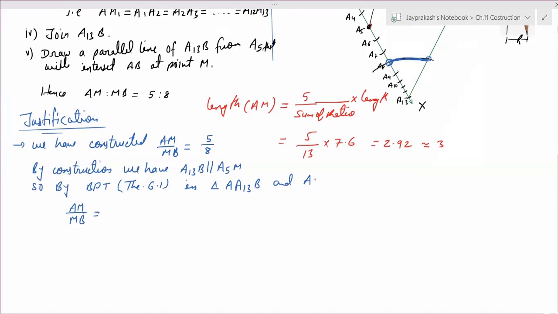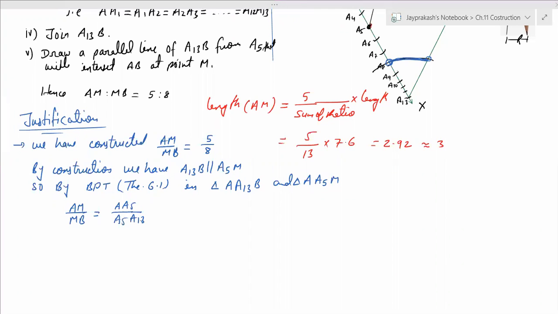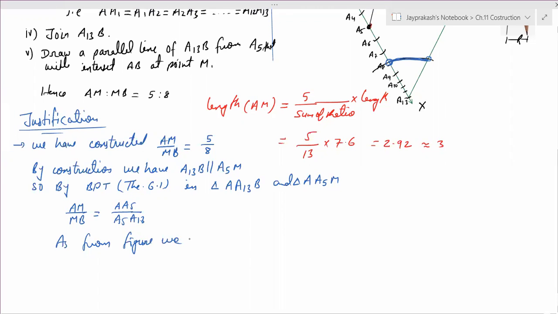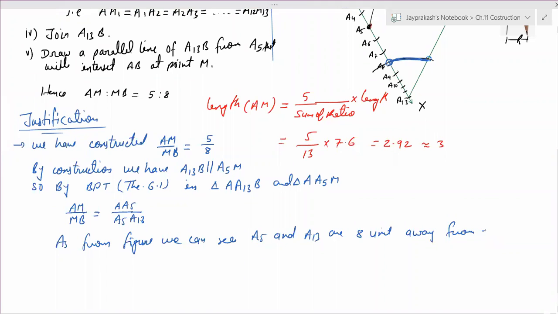okay, then the another triangle A5M. So A5 by A5 to A13, or you can also write here as from the figure we can observe, see, A5 and A13 are 8 unit away from each other.